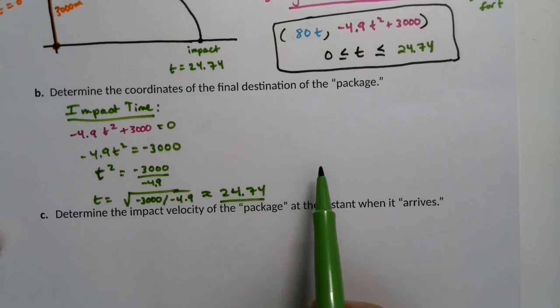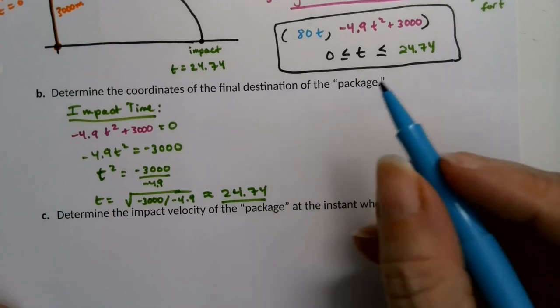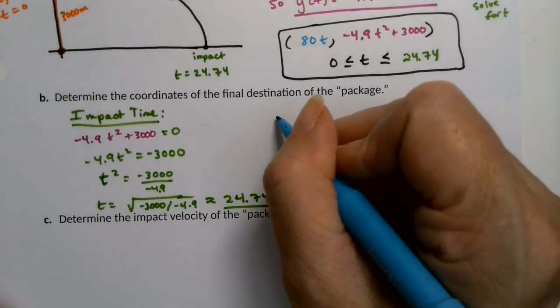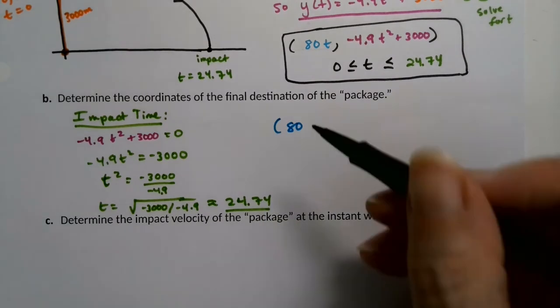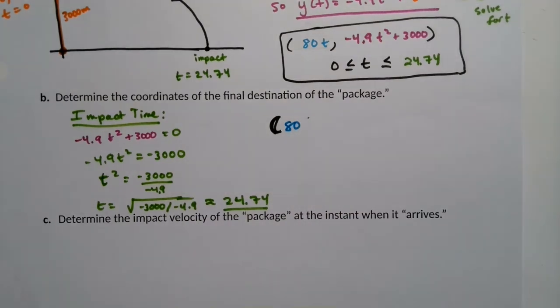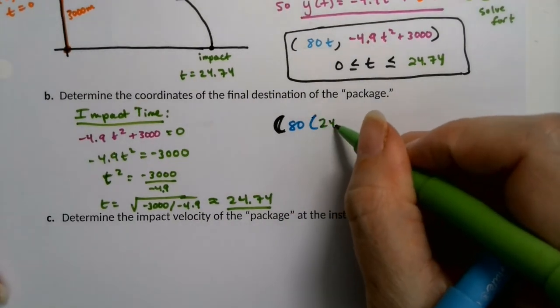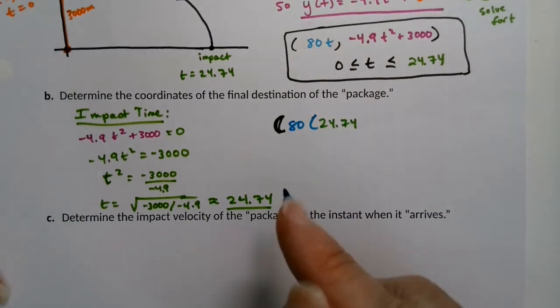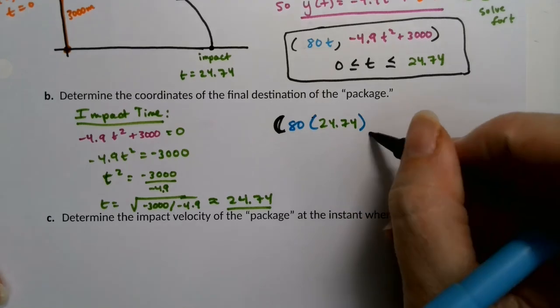Now, the coordinates would be 80t, so that would be 80 times 24.74, because that's the time when it impacts. And then the vertical, well, we know what the vertical will be.